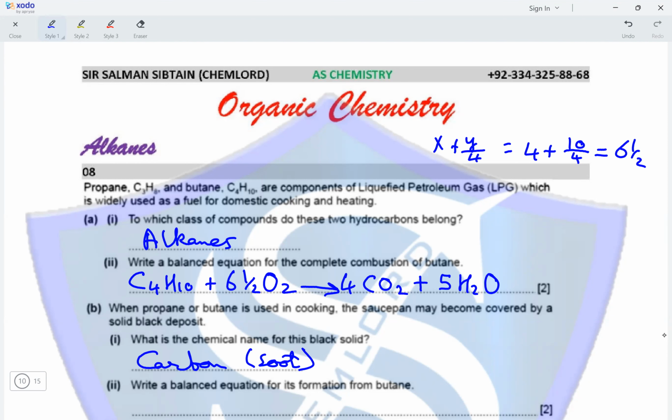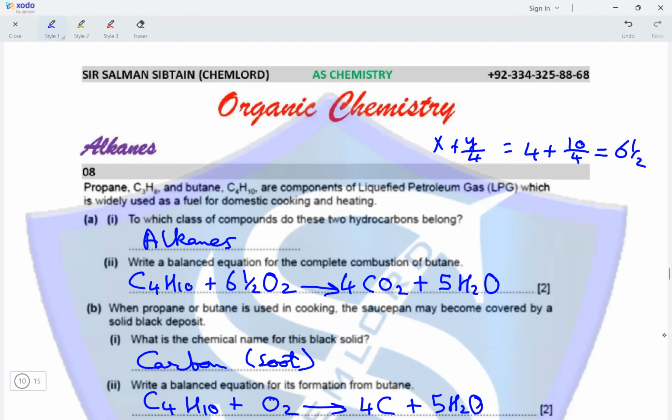So C4H10 would burn in oxygen to produce, if we convert all of the carbon into soot, 4 moles of carbon, and we would have 5 moles of H2O being produced.